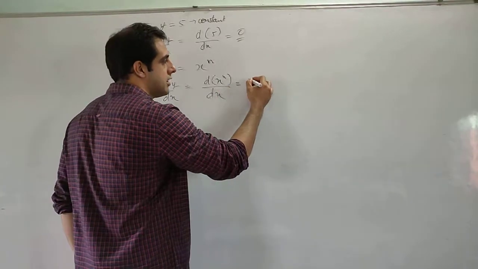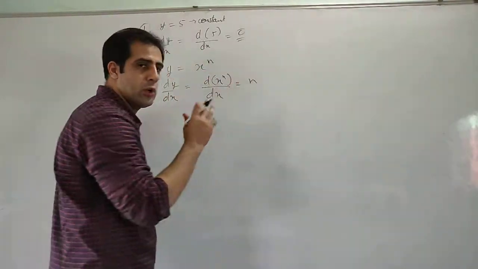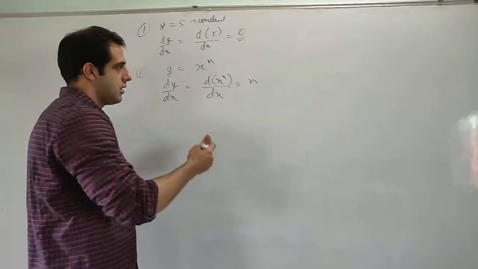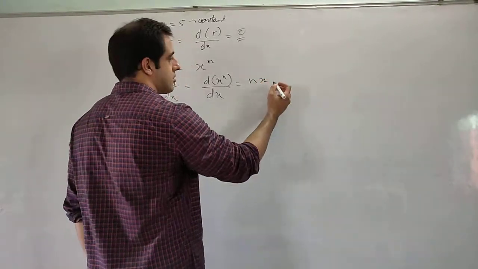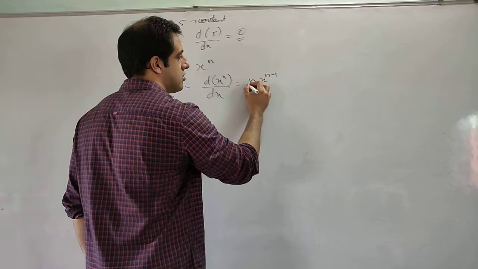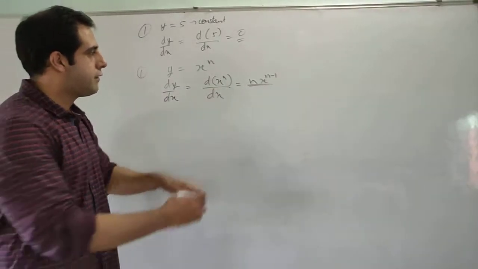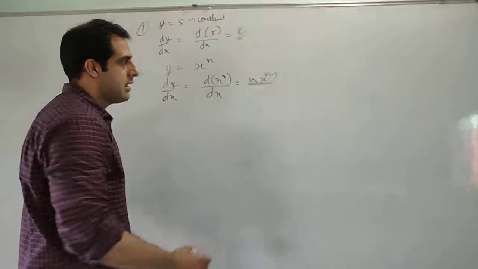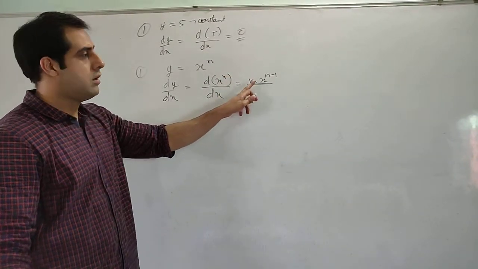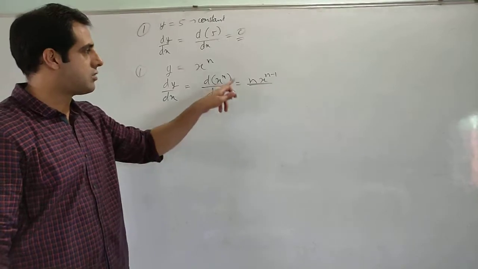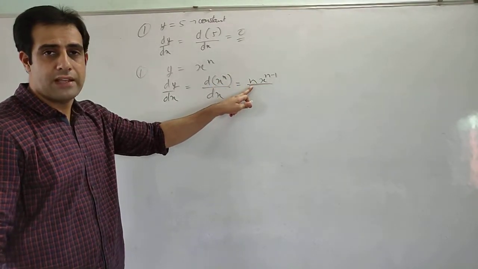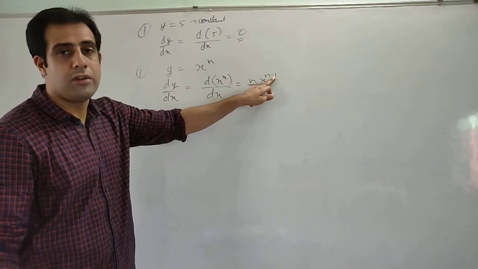And the formula for this you have to memorize. Eventually you have to memorize all the formulas. There is no other way out. It is n x to the power n minus 1. Note this down, memorize it. Differentiation of x to the power n is equal to n into x to the power n minus 1. Whatever is the power, it will come down as a multiplication and the power will be reduced by 1.